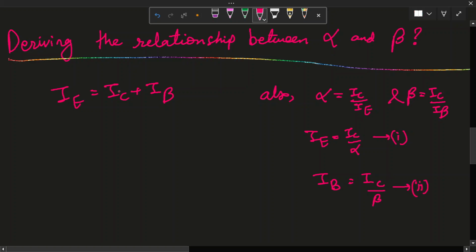So using these two equations, when we substitute the value of IE and IB here, we will get IE as IC by alpha equals to IC plus IB as IC by beta. So if we take IC common in the numerator and cancel, we will have 1 by alpha is equal to 1 plus 1 by beta.